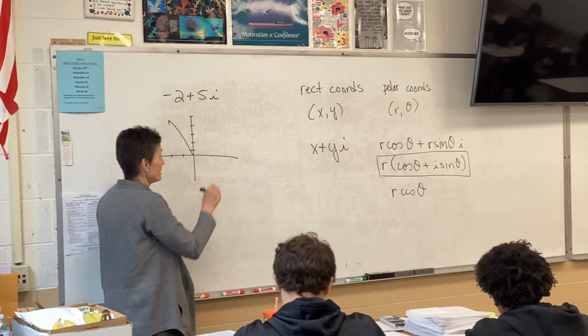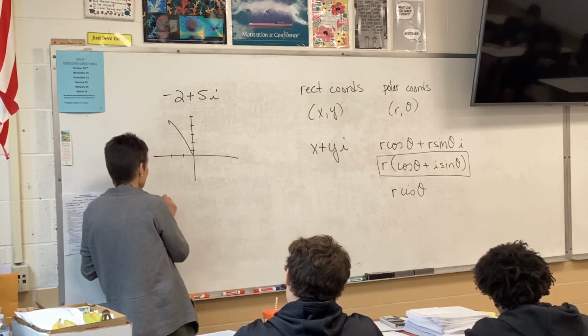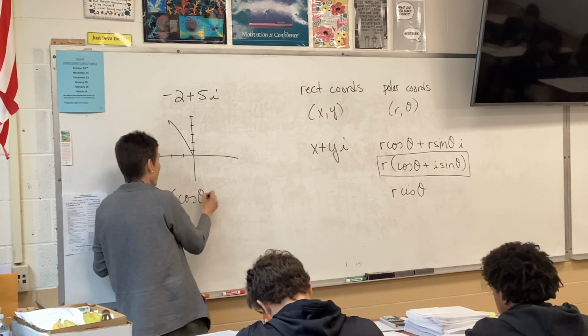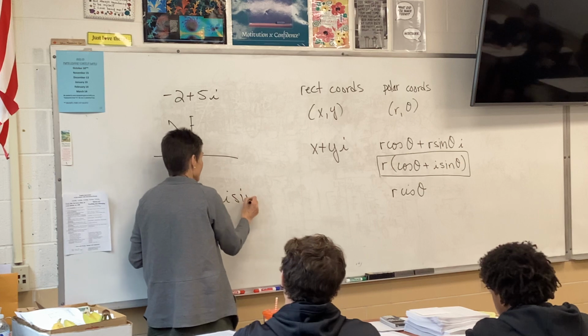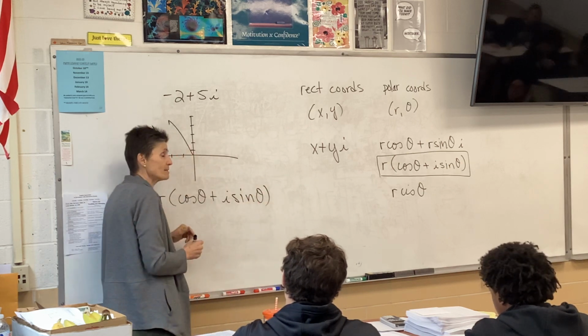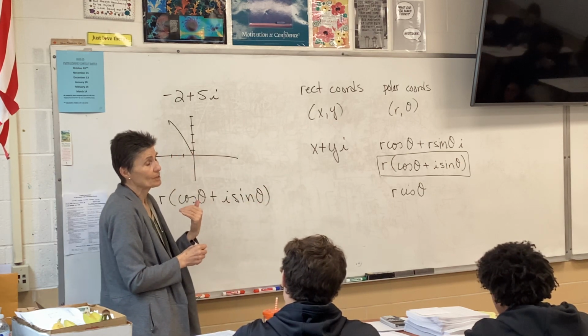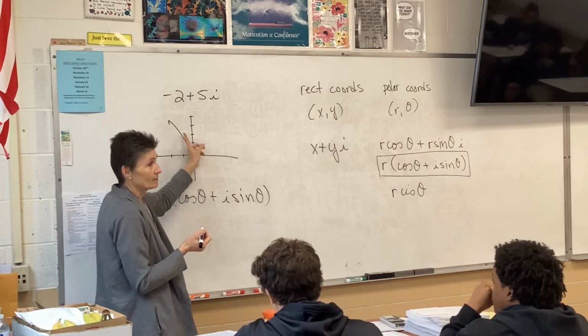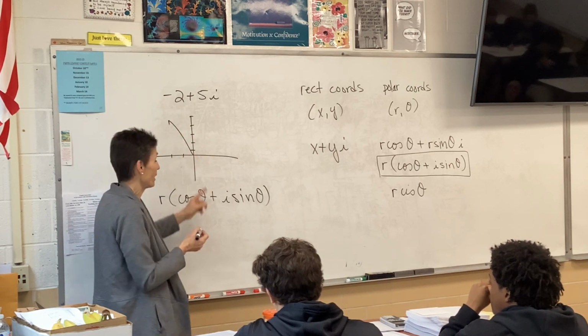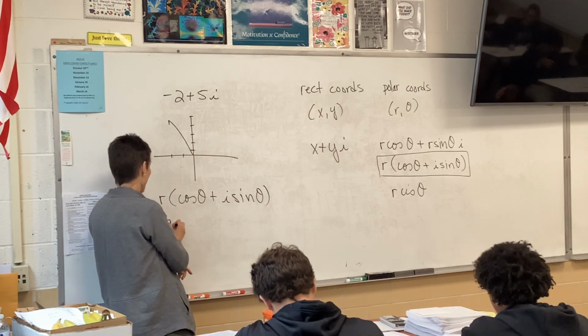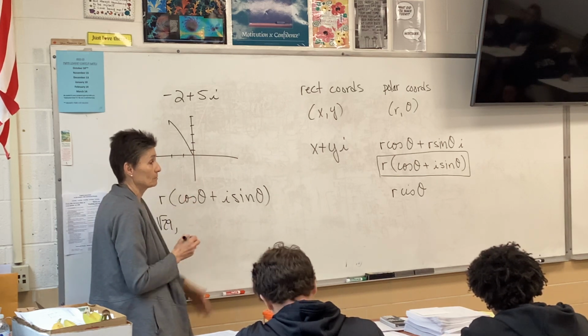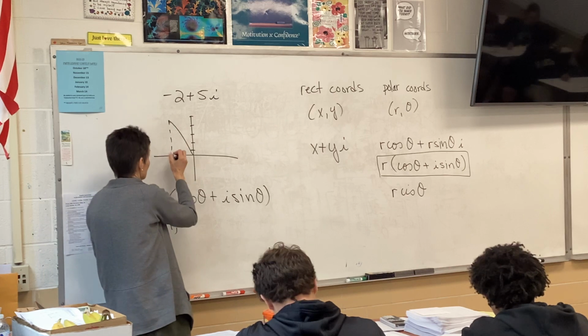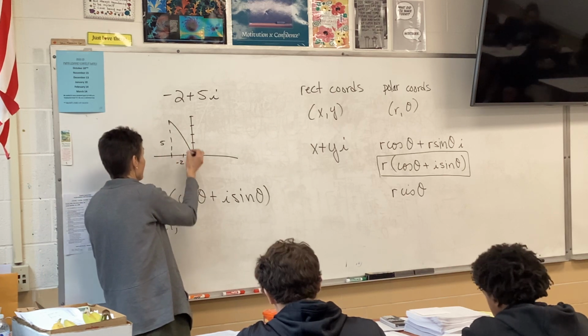We need to make it look like that. We need an r and a theta. Well, guys, with your eyes closed, you can find r. What's r? Root 29. r is the magnitude. That's r right there.